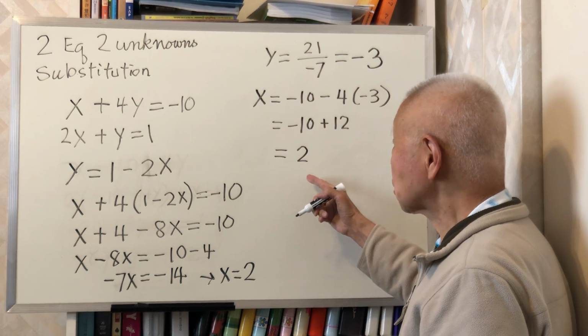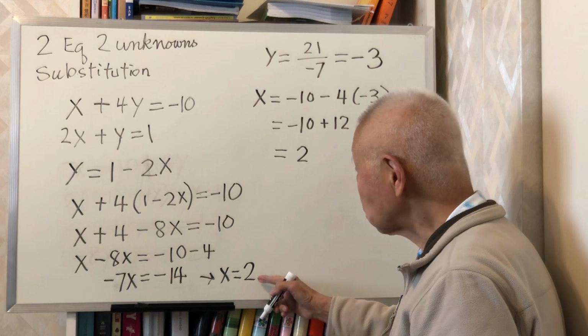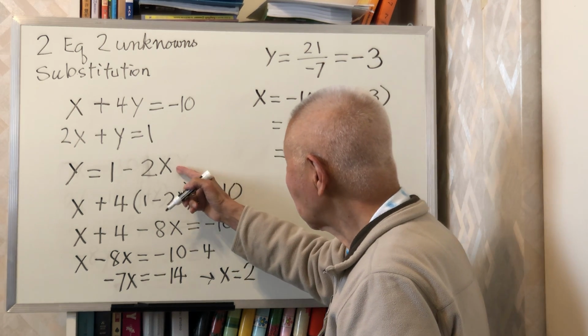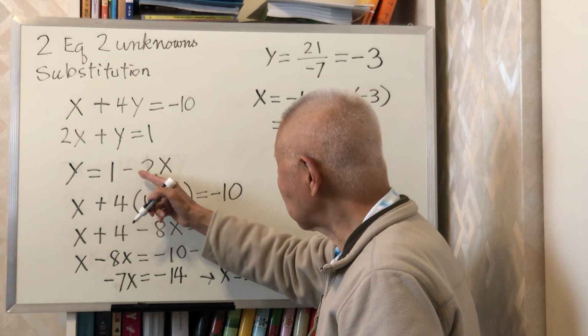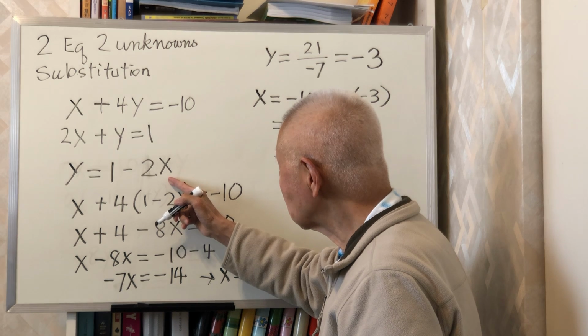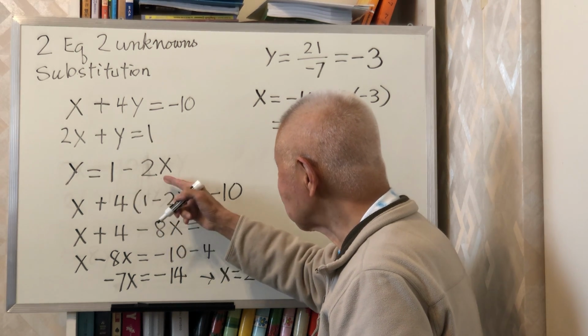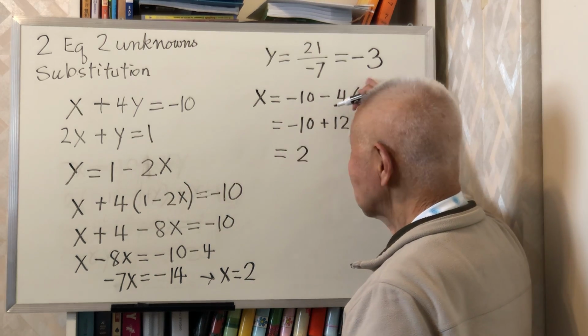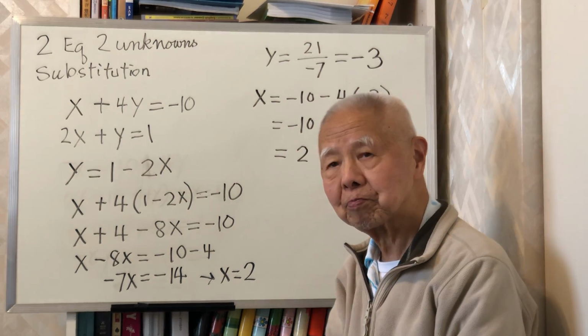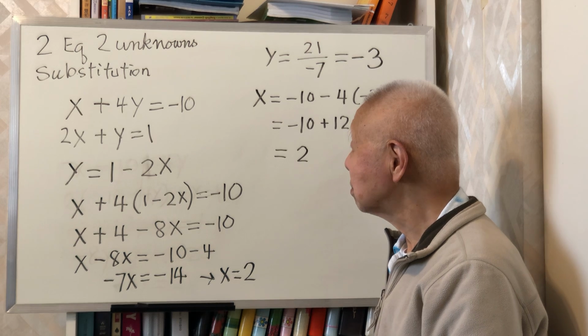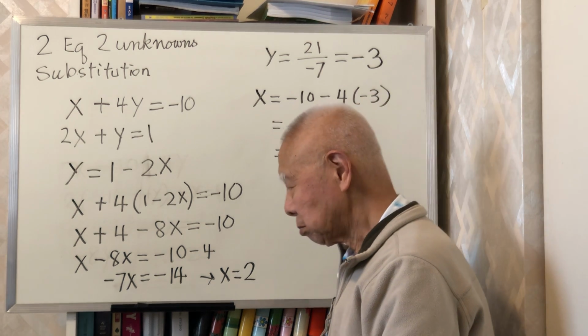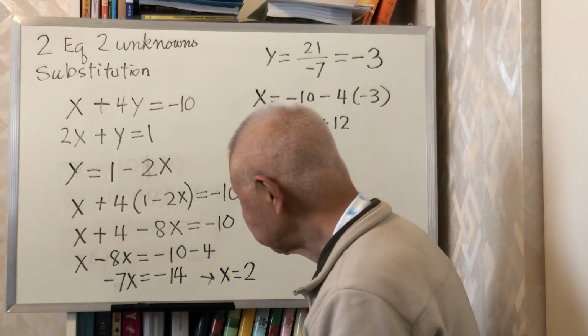And if I put the 2 back into here, then y is 1 minus 2 times 2. So it's 1 minus 4. So y is minus 3. So exactly the same. Okay, that's substitution.